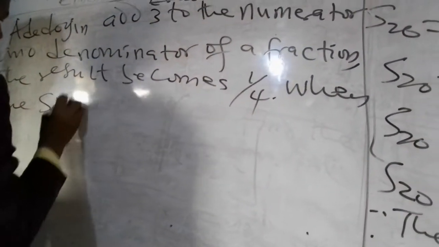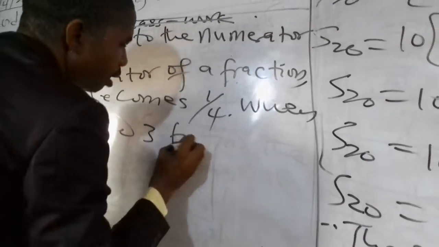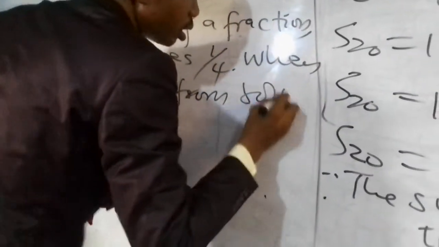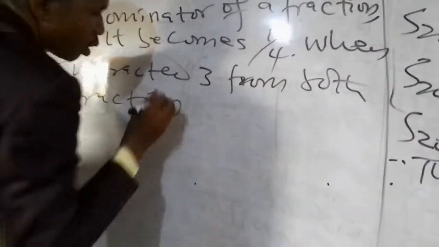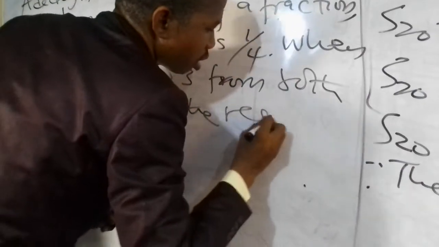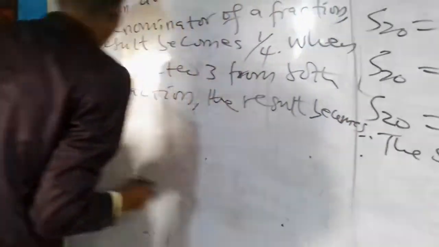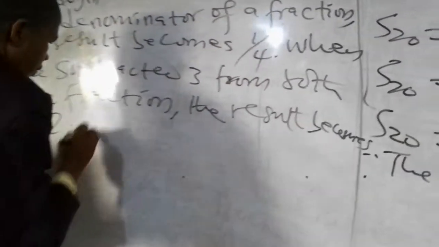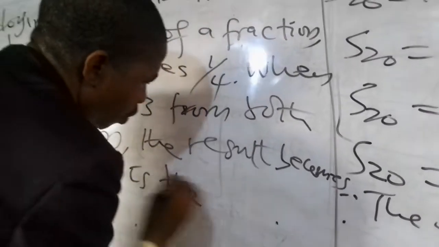When she subtracted 3 from both the numerator and denominator of the fraction, the result becomes 2. What is the fraction?